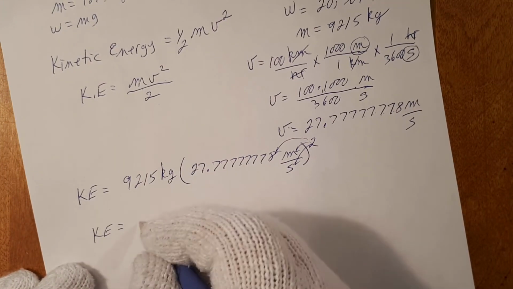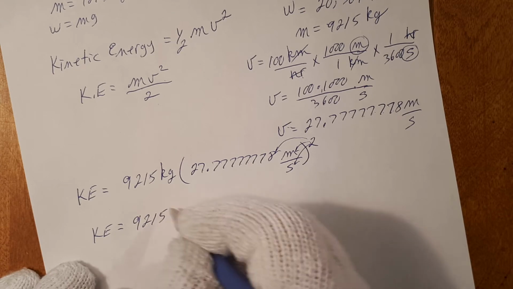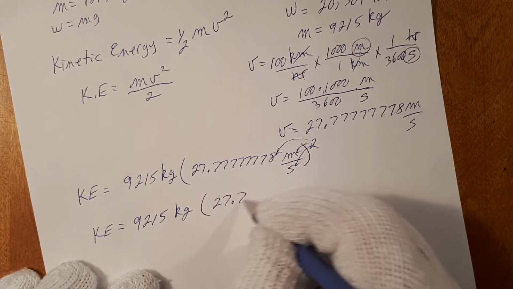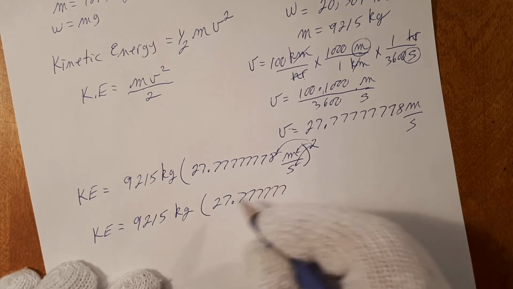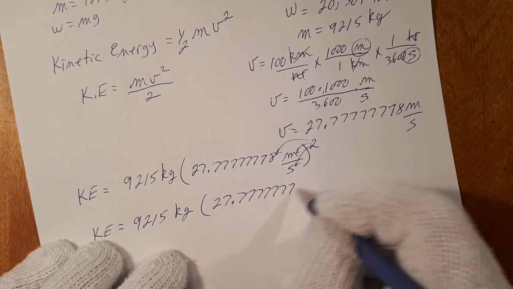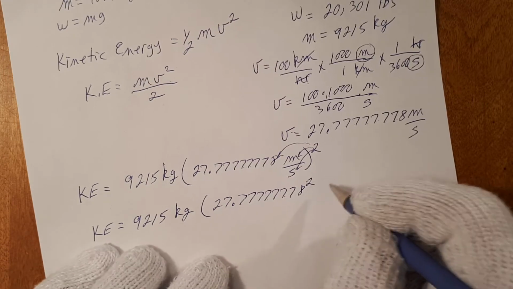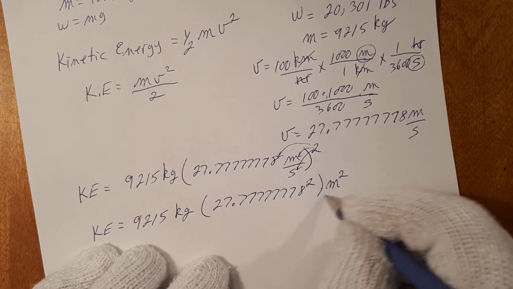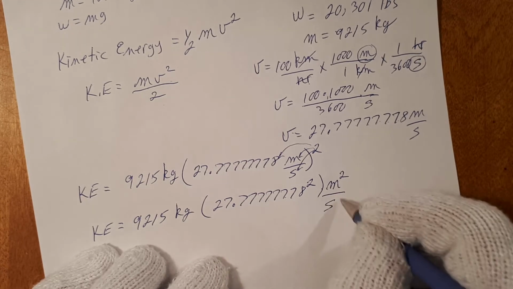So it will look like this. Kinetic energy equal to 9215 kilograms times 27.7777 squared. And the units are meters squared per second squared.